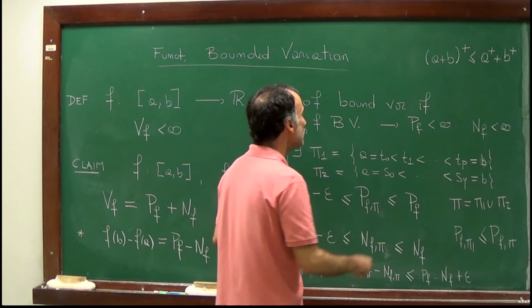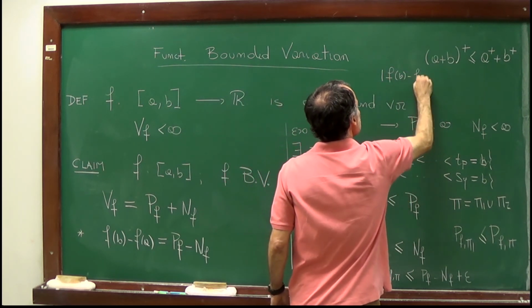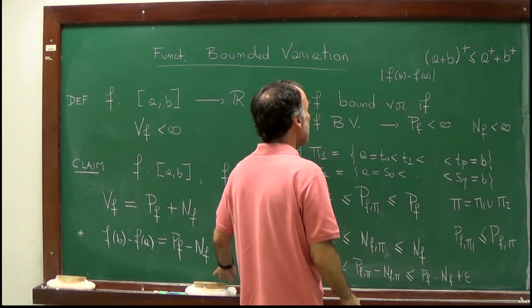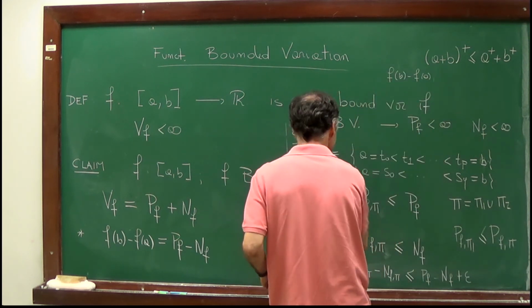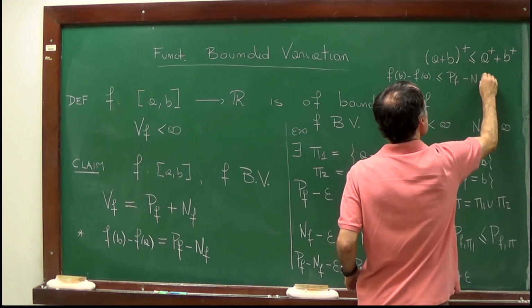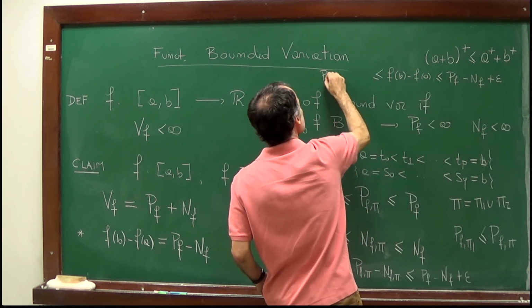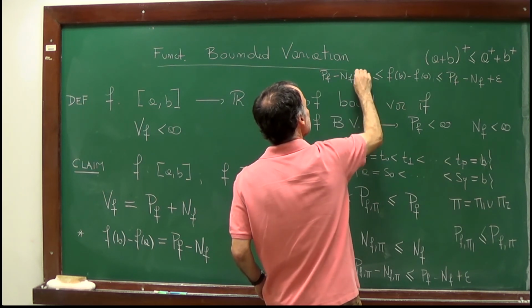So that proves that f(b) minus f(a) is bounded by Pf minus Nf plus epsilon and bounded by Pf minus Nf minus epsilon.